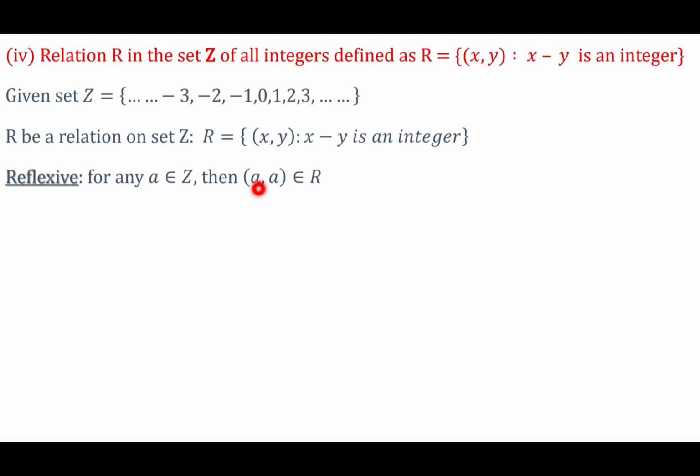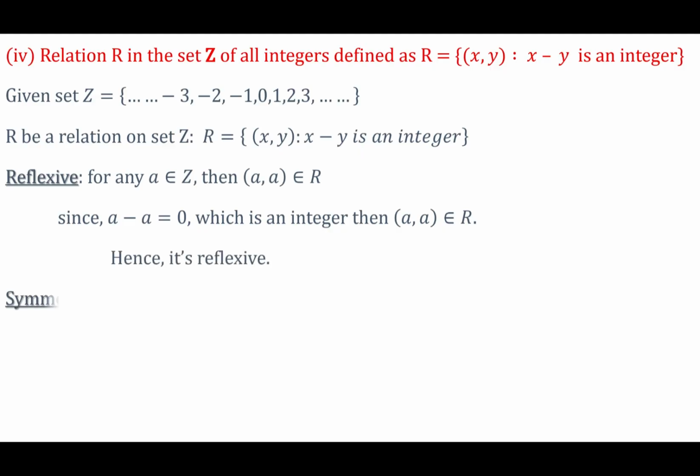If two identical elements of any ordered pair are subtracted, the result is always an integer. Since a minus a is equal to 0, which is an integer, then (a, a) belongs to R. So this relation R satisfies the reflexive condition.